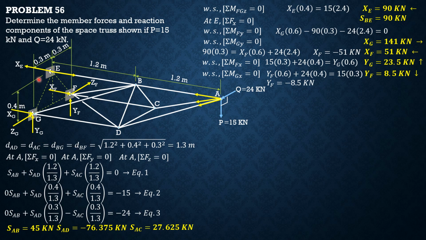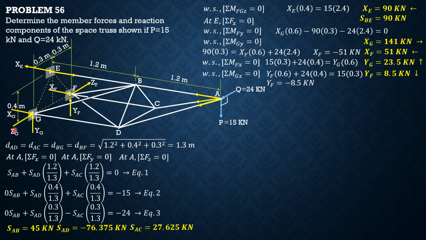Summation of forces along Y, let's check. YG 23.5 upward, YF 8.5 downward. 23.5 minus 8.5 is 15, minus 15 is 0. So it is also balanced along Y.